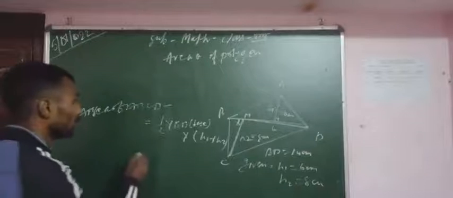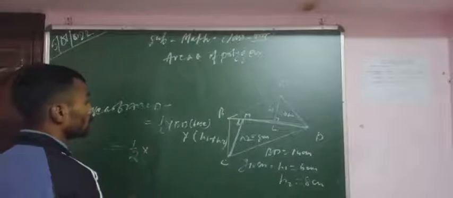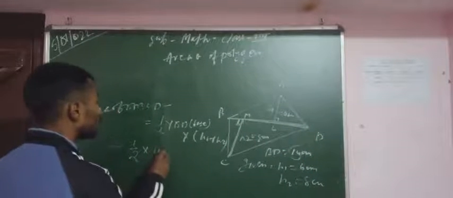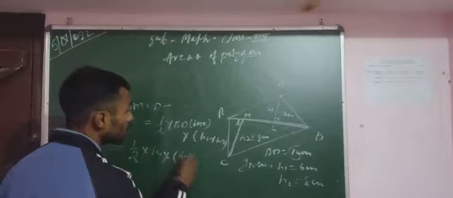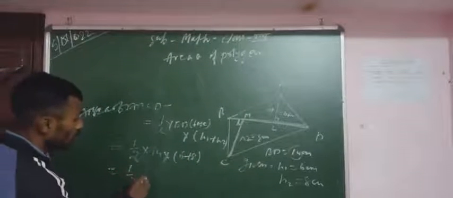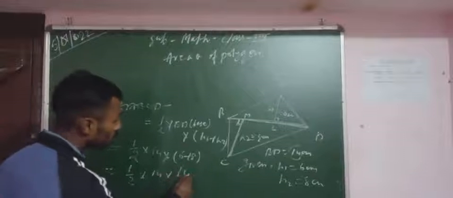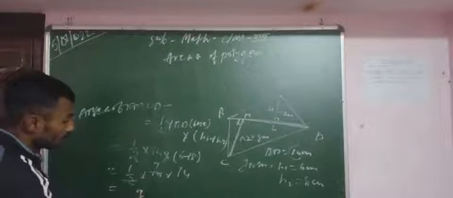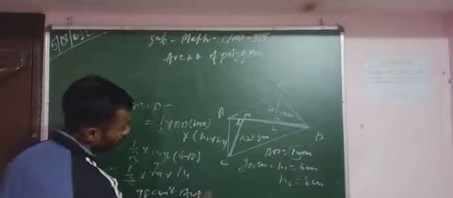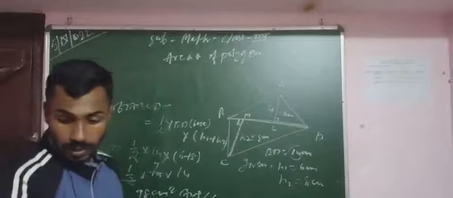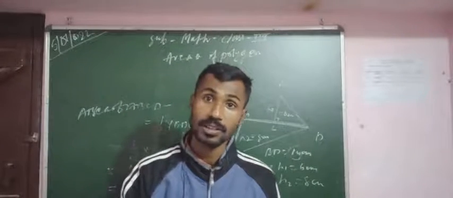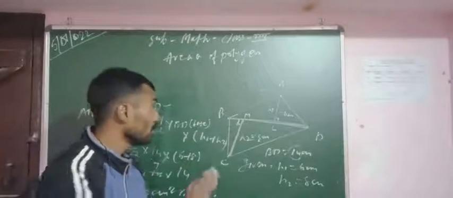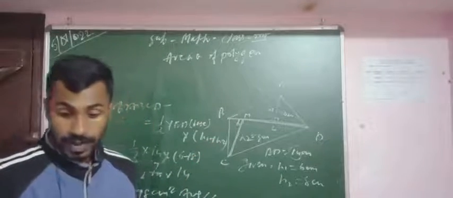Now we can put the values. Half into 14 into 6 plus 8, which is 14. 7 times 14 will be cancelled, and it is 98 centimeter square, the required area of the figure. After using this formula, you can calculate the area of the figure. Okay, next.